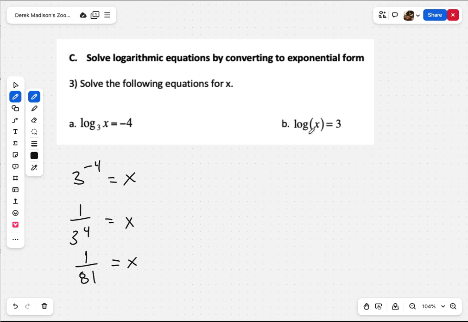For this one, invisible 10 down there, so that is 10 cubed equals x. So this is 10 raised to the answer equals x, so x equals, oops, one more 0, 1,000.